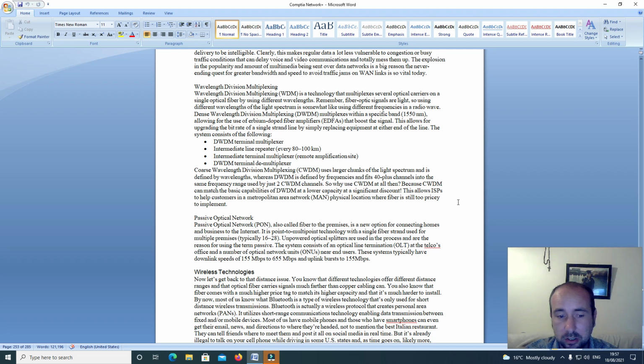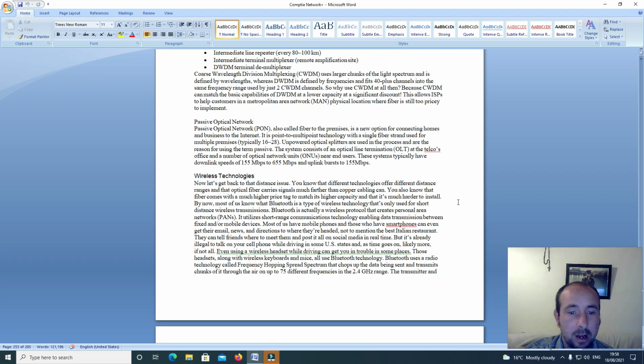Because CWDM can match the basic capabilities of DWDM at a lower capacity at a significant discount. This allows ISPs to help customers in a metropolitan area network (MAN) physical location where fibre is still too pricey to implement.